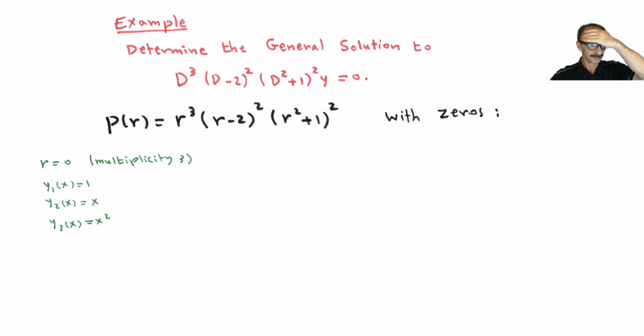For the first one, we're going to have y1 equals 1. Because R is 0. And because it's repeated 3 times, multiply by x to move to the second one. Multiply by x again to move to the third function.